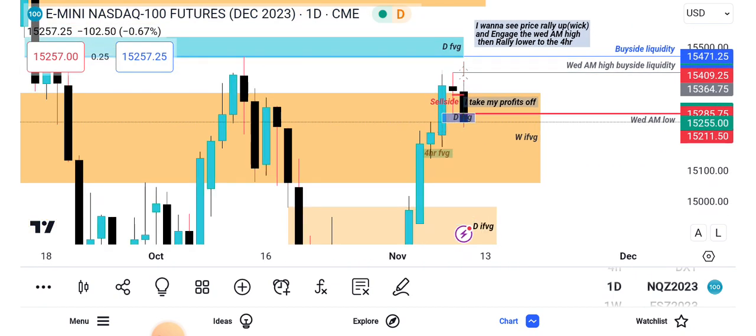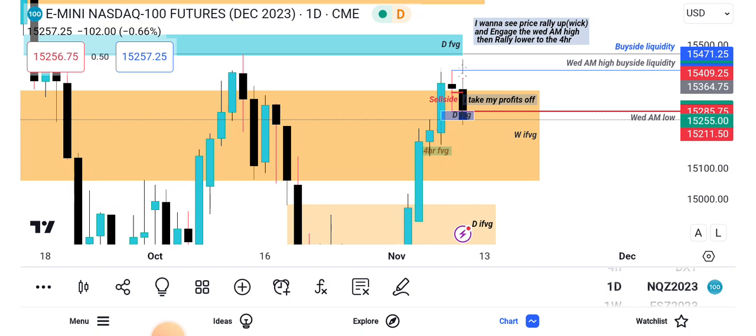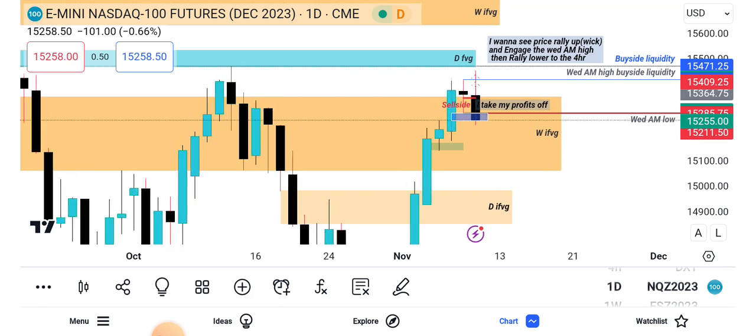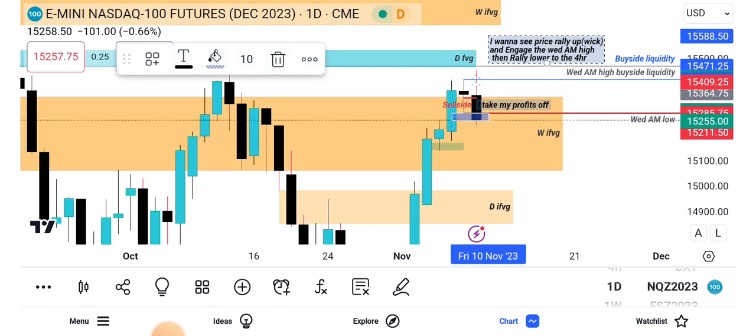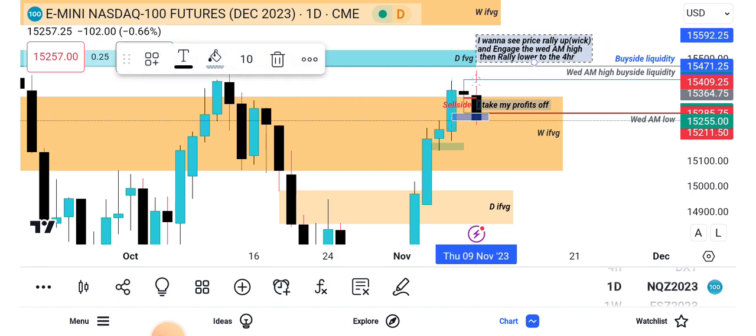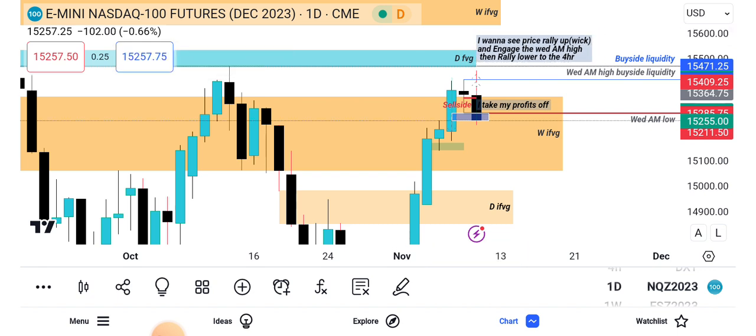So I saw that, and I wanted to see this daily fair value gap support price higher to these levels, to clear that buy side liquidity. So early in the morning, as the day started, I wrote this: I want to see price rally up by a week to engage the Wednesday AM high and rally lower to the 4 hour.